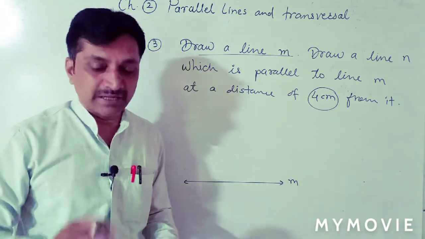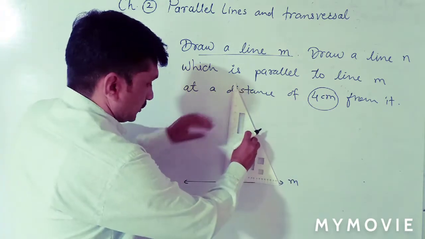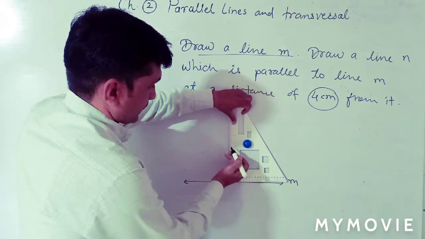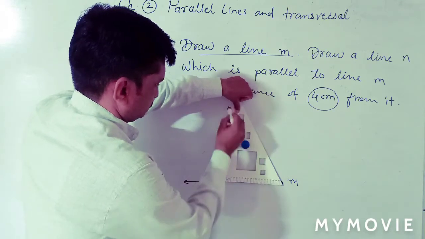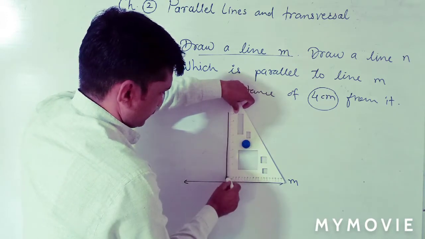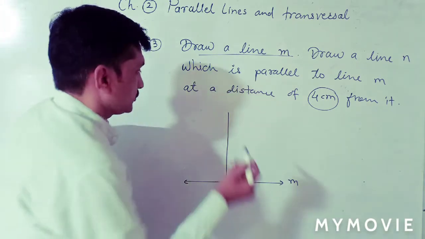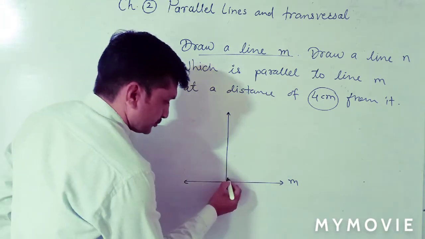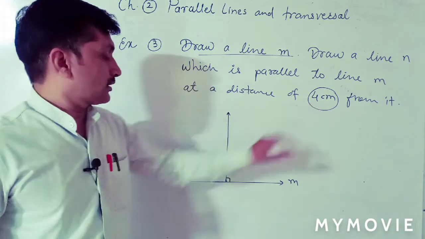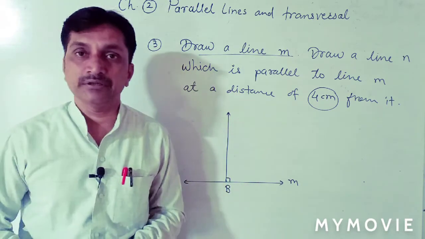But for that, by the same procedure, first the set square, and draw a vertical, perpendicular line in this way. Here is a perpendicular, 90 degrees. I give here the name B.